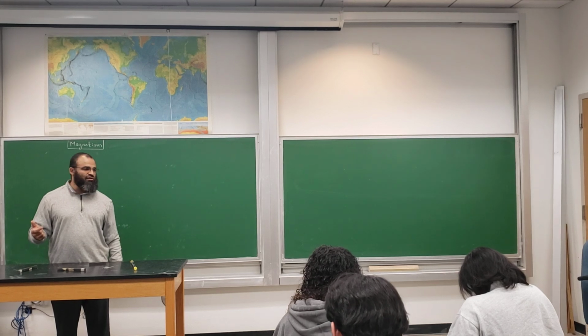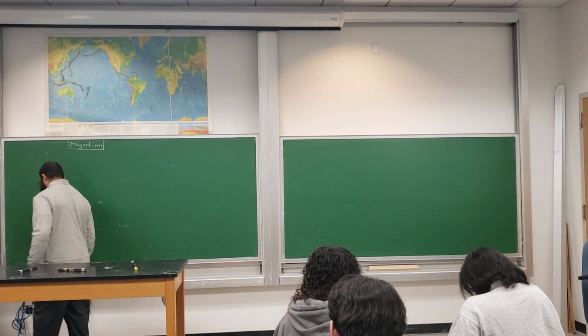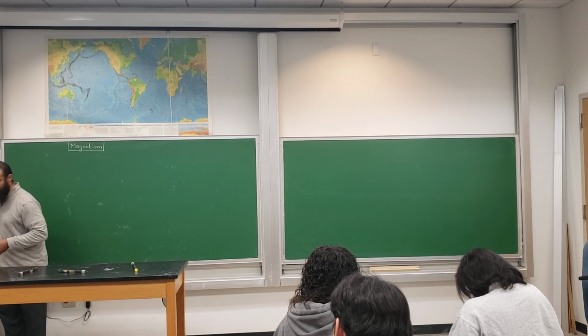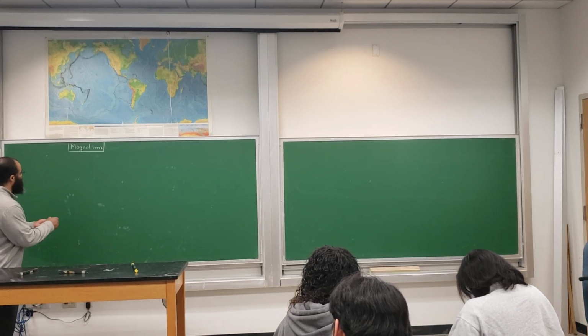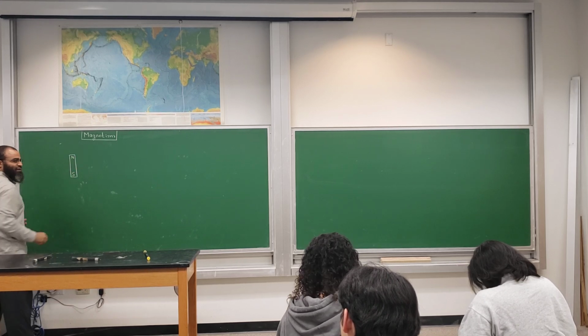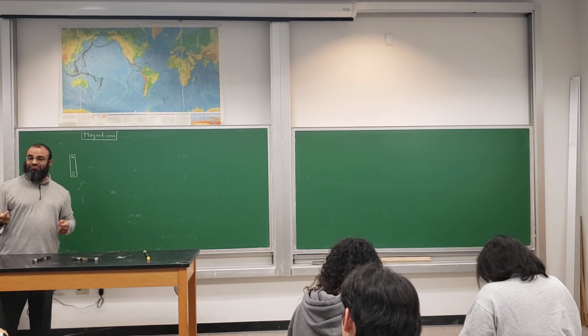So we need to first define its direction. How do we define its direction? Again, I'm skipping a lot of history, but here's a magnet, here's the north, here's the south, and people know about compasses.